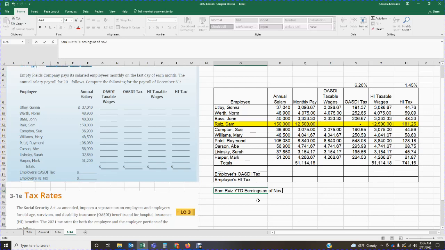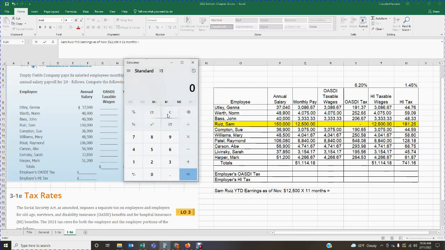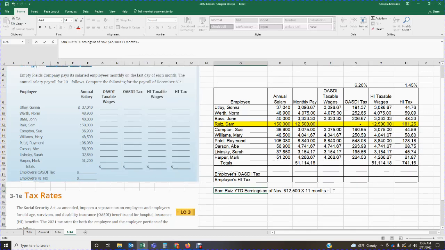As of the end of November, how much had Sam Ruiz earned? Sam makes $12,500 a month. I'm going to multiply that by 11 months, from January through November. That gives me 137,500. This is Sam Ruiz's year-to-date earnings as of the end of November.